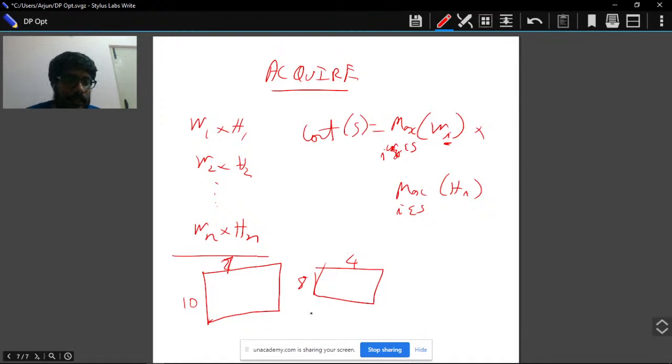So in a sense, this is irrelevant, right? I can just ignore this rectangle and then at the end I'll just put this rectangle in whichever subset 10,7 goes into, and my answer will remain exactly the same. So I'm removing a rectangle and my cost remains exactly the same. This is what we call an irrelevant rectangle.